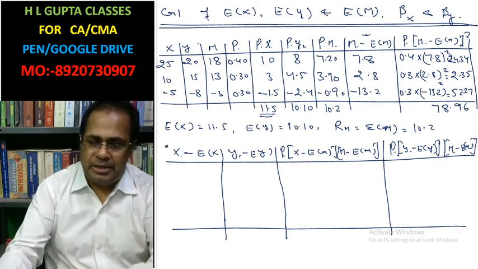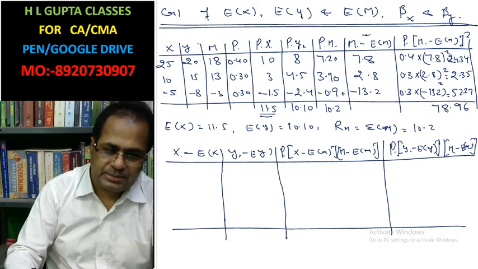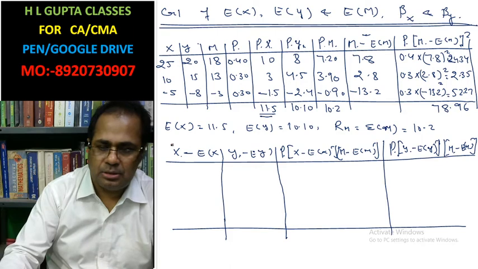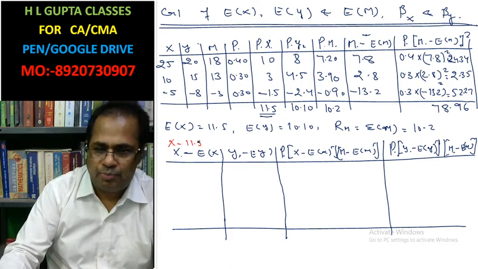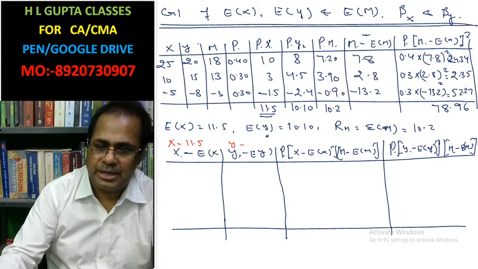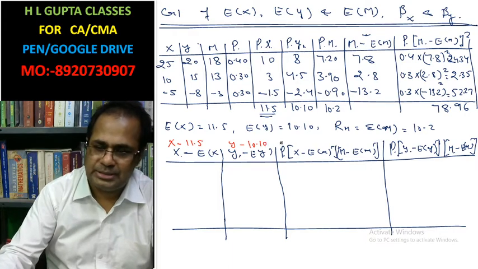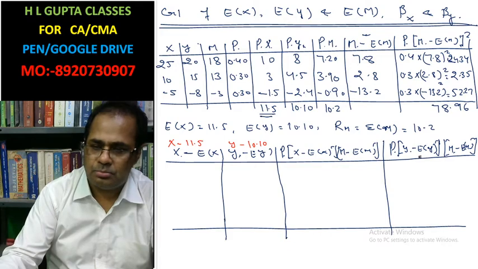What is here? X minus this. In this case, you write here x minus 11.5, y minus expected y 10.10. This is probability and this multiplied with.